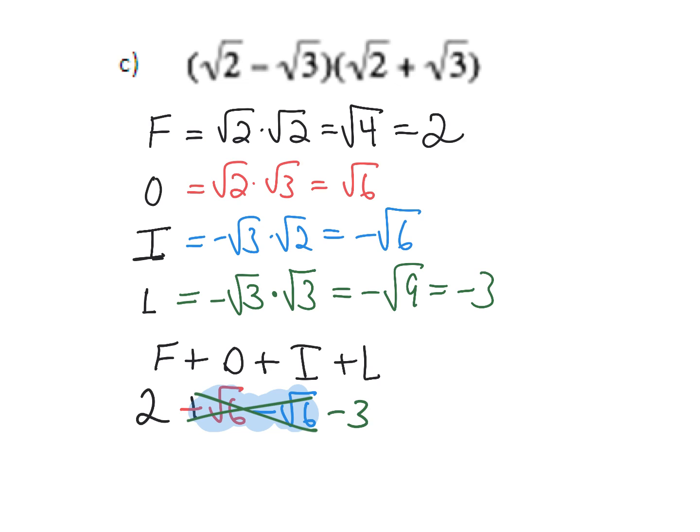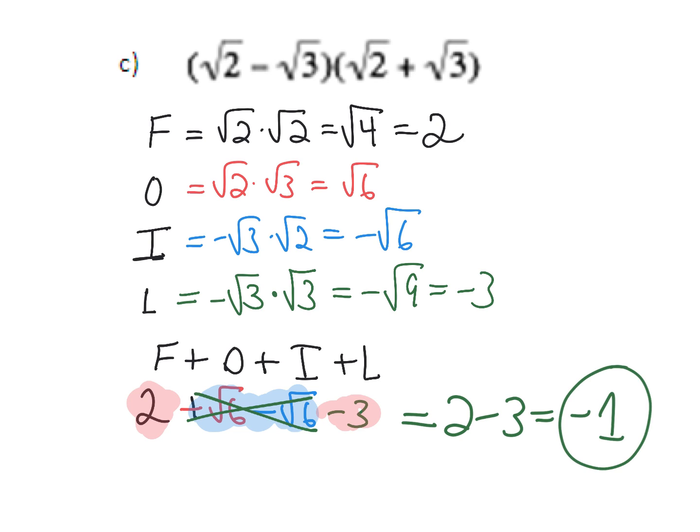So those are goners. And then what I have left over is a 2 and a negative 3. So we can put those together too. 2 minus 3. How about that? So if I do 2 minus 3, that's just negative 1. So all of this multiplied together actually gives us negative 1.